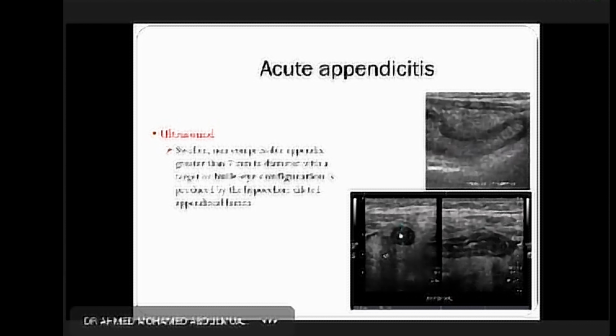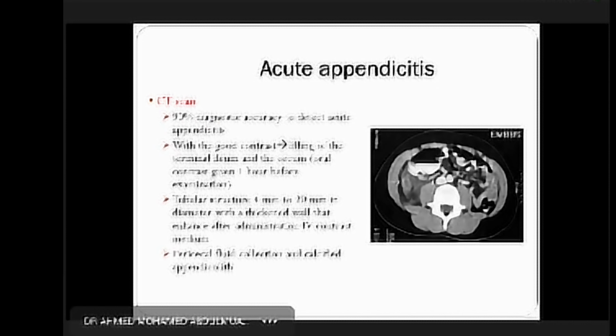But if you cannot see it, and the signs and symptoms of acute appendicitis persist, you can proceed to the CT scan. The CT scan will show all the detail, and will also show if there is any complication due to acute appendicitis. If there is any collection or abscess, we can see it on CT scan.